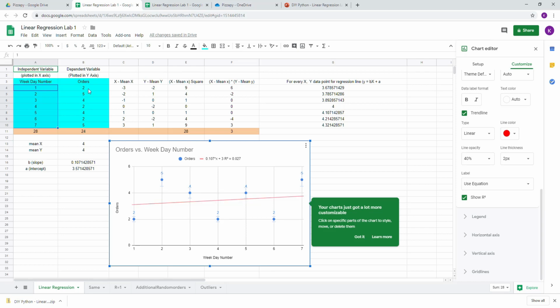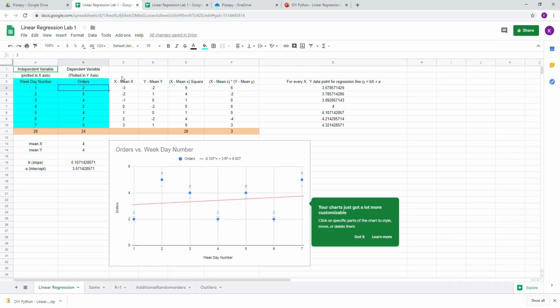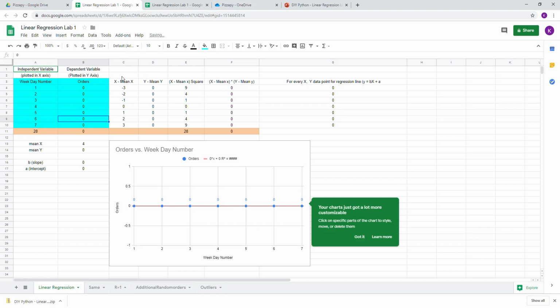So let me play with the values here. Let's say that we don't have any orders on day 1, 2, 3, 4, 5, 6, 7, and this is also 0. See that right now the equation says 0 multiplied by x plus 0.